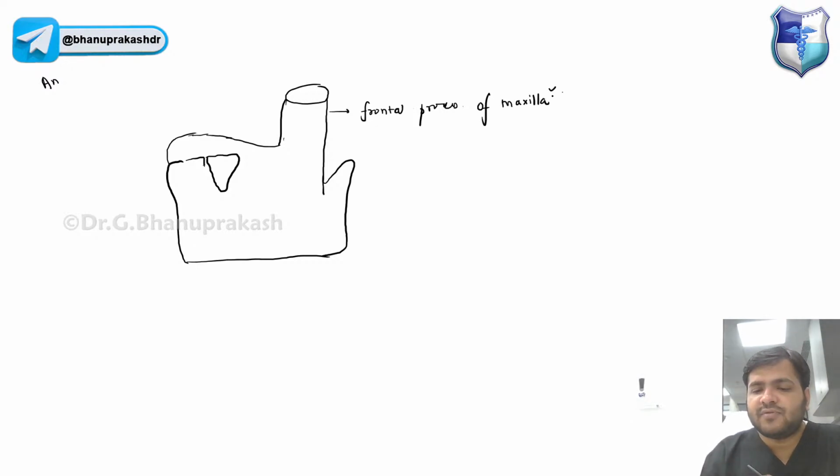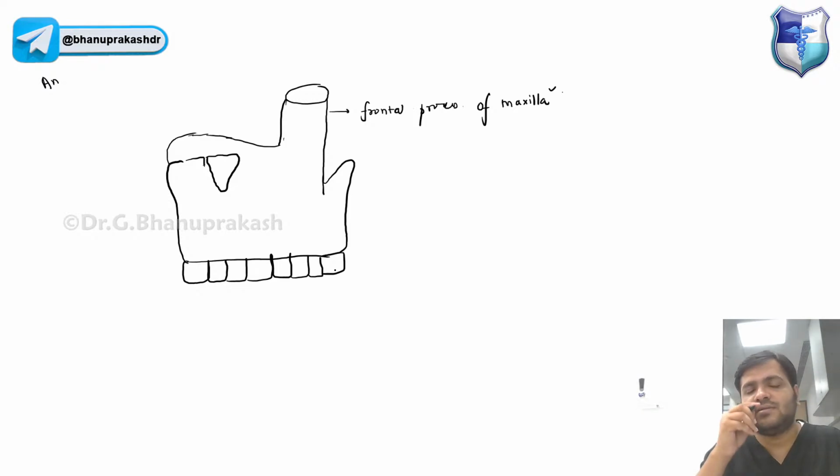On the lower part we have the alveolar border, or the alveolar surface, guys. If you can see over here, we have different teeth located. The incisors are there, and at last we have the molars.